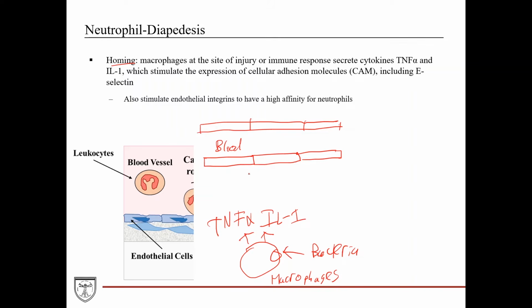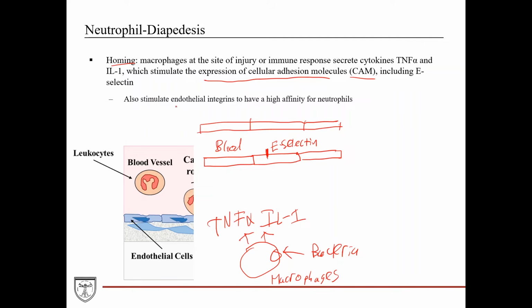These will stimulate the expression of cellular adhesion molecules known as CAMs, which include E-selectin. E-selectin is almost like a roadblock, as we'll talk about in a second. It grabs the neutrophil and helps slow it down.